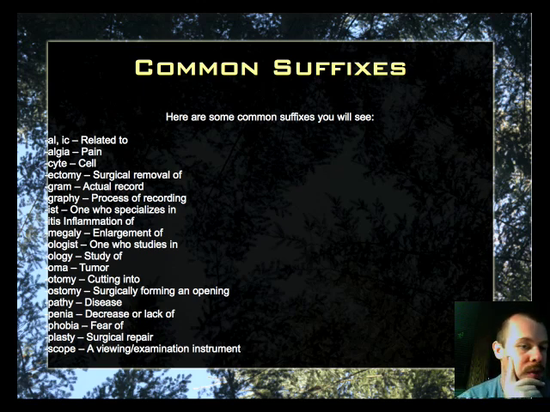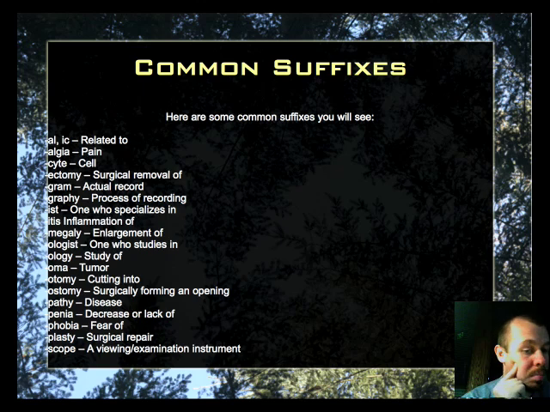Ist, one who specializes. Itis, inflammation of. Megaly, enlargement of. Ologist, one who studies in. Ology, the study of. Oma, a tumor. Otomy, cutting into. Ostomy, surgically forming an opening.